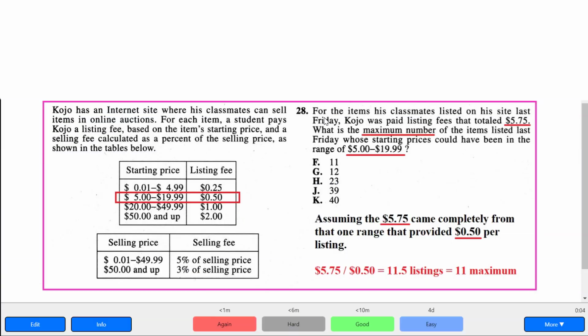So if student K made $5.75 and we took $5.75 divided by 50 cents, that would be 11.5 listings. Well, there's no such thing as 11.5. It's going to be 11 or it's going to be 12. So 11 is the maximum number that is possible.